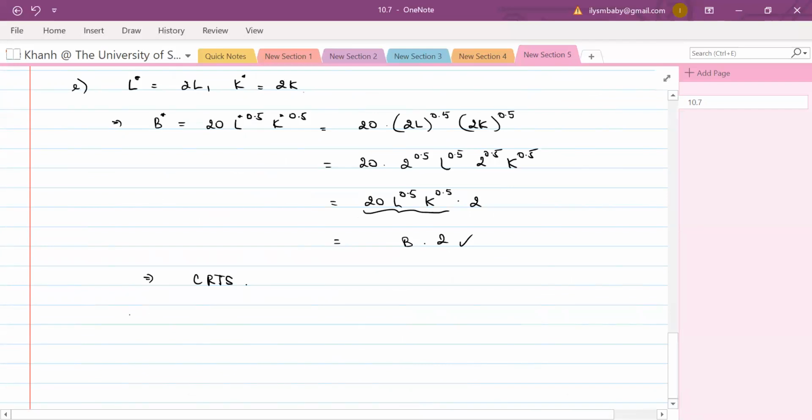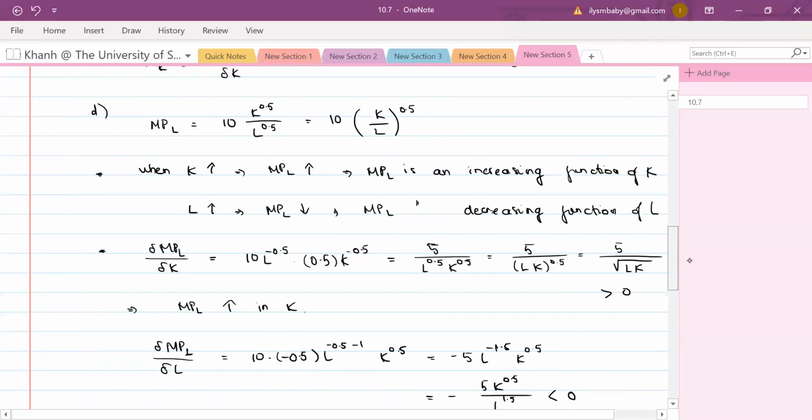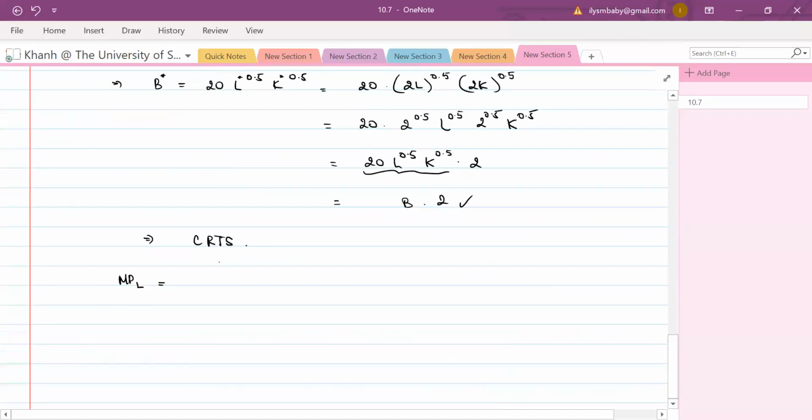Our marginal product of labor is 10K on L to the power half. So the marginal product of labor star equals 10K star divided by L star. Now K star is 2K, L star is 2L, everything to the power half.